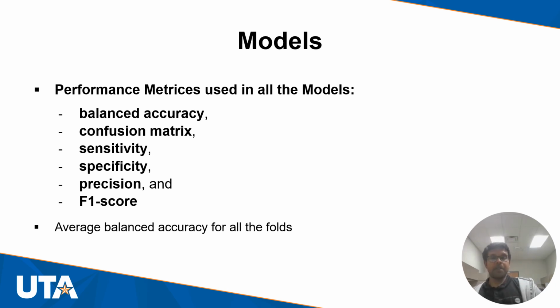The performance metrics used were balanced accuracy, confusion matrix, sensitivity, specificity, precision, and F1 score, and also average balanced accuracy for all the folds. I used 5 folds, so at the end, the average balanced accuracy for the folds was also recorded. MSE and RMSE metrics were not explored for this project.